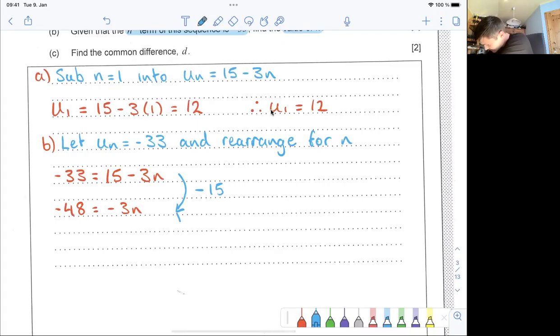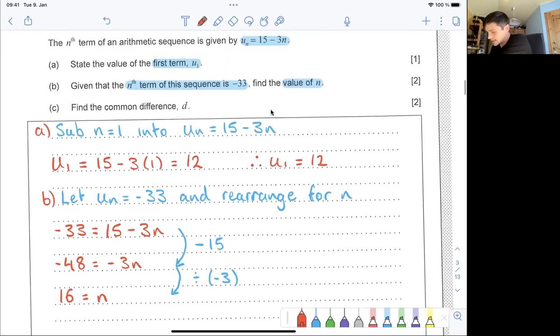And then next, I'm going to divide by negative 3. That's going to give us 16 is equal to n. And that is our answer there. So n is equal to 16.